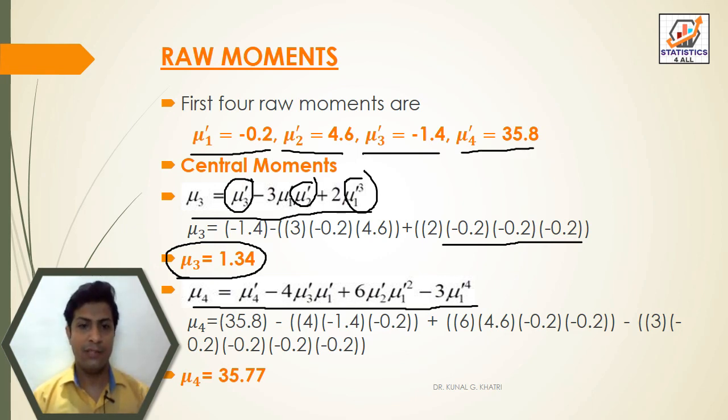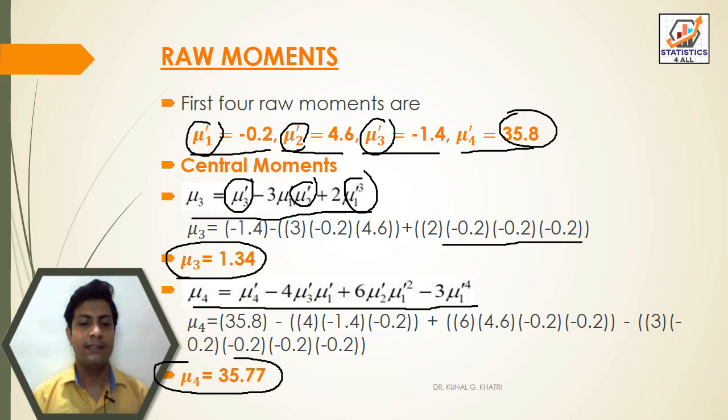We'll put all these values in this formula: mu 4 is equal to 35.8 minus 4 into mu 3 dash, which is given here, and mu 1 dash is also given here, plus 6 into mu 2 dash into mu 1 dash square, minus 3 mu 1 dash to the power 4. After putting all the values, we get the answer mu 4 is equal to 35.77.